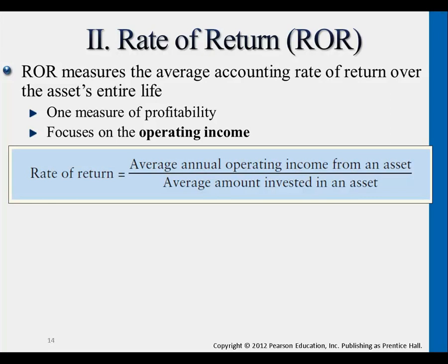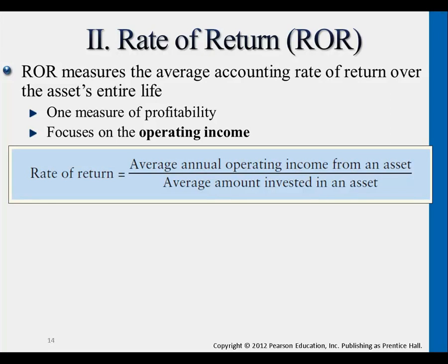So what's taken into account is the entire life of whatever asset you've invested in. It's also a measure of profitability, and from the formula you're going to see that it focuses on the operating income. Rate of return is your average annual operating income from an asset divided by average amount invested in that asset.